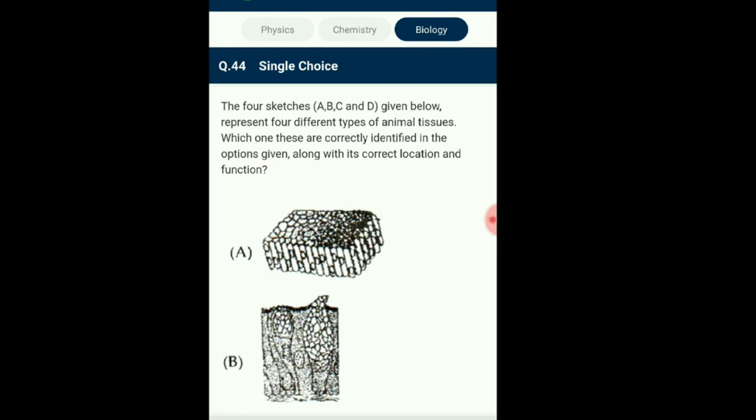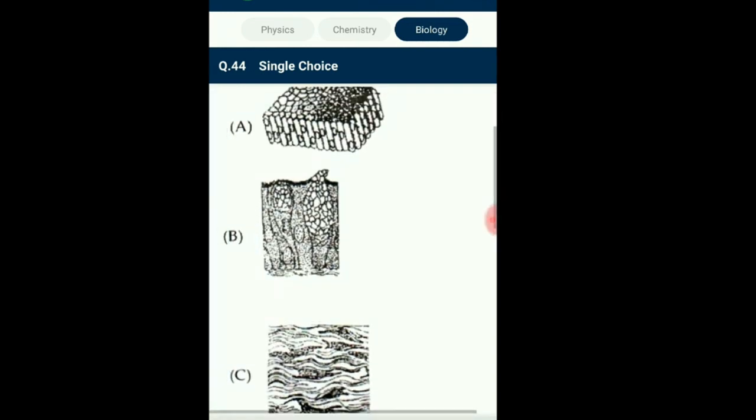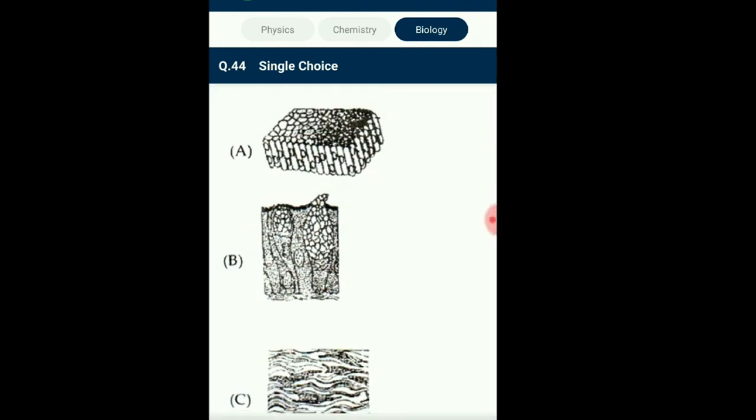Question number 44. The four sketches given below represent four different types of animal tissues. Which one of these is correctly identified in the options given along with its correct location and function? The intestine is lined by glandular epithelium, which is secretory in function. The glands found in the intestine are exocrine and may be unicellular or multicellular.